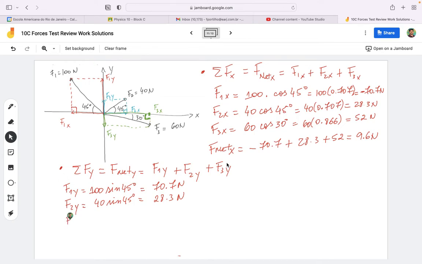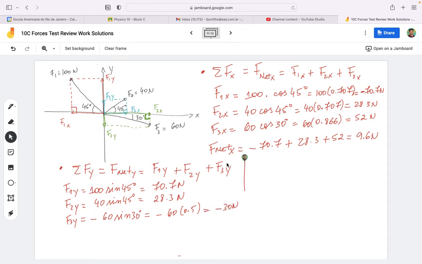And F3y, this time F3y is negative because it's pointing opposite the y-axis. So then we have 60 times sine of 30. Sine of 30 is different from cosine of 30 for sure, but I know that sine of 30 is 0.5. So that should give us negative 30 newtons. Okay.